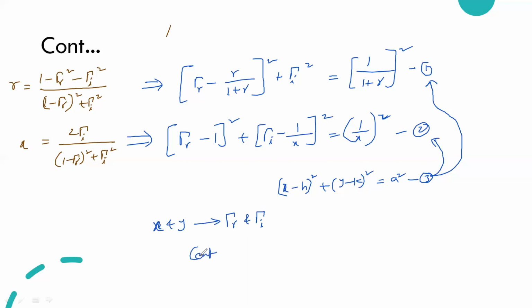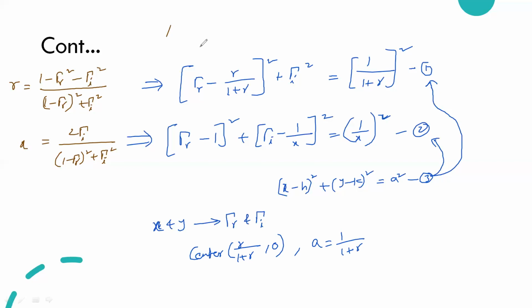I can write the center for equation 1, comparing gamma r and gamma I: r by 1 plus r comma 0, because there is no y minus k term, so I write 0 here, and the radius is a equal to 1 by 1 plus r.